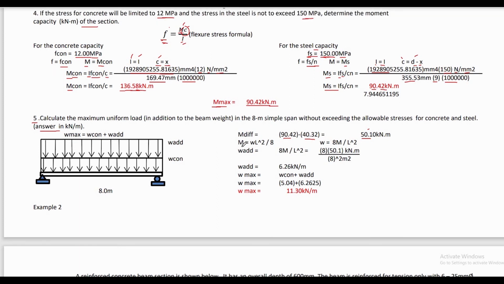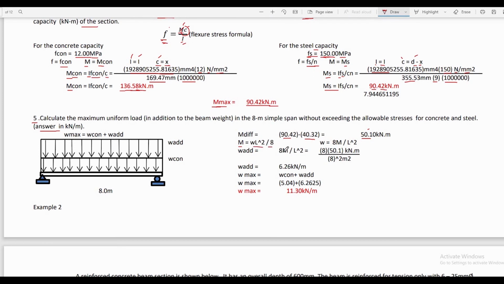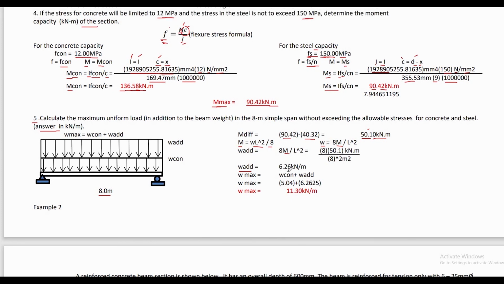From the simple formula M is equal to WL squared over 8, we can have the value of W in terms of M. So if we substitute the value of M equal to 50.10 kilonewton meter with a span of 8 meters length of the beam, then we can have the additional uniformly distributed load that the beam can carry. This is equal to 6.26 kilonewton per meter.